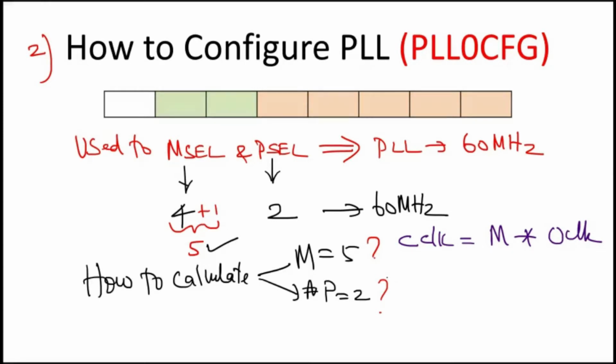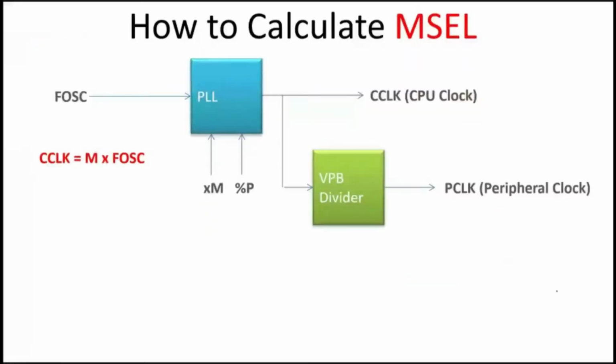The second equation is the frequency of the current controlled oscillator: CPU clock is also equal to the frequency of the current controlled oscillator divided by 2P. So with these 2 equations, we figure out what is the value of M and what is the value of P. So that is what we are going to do now.